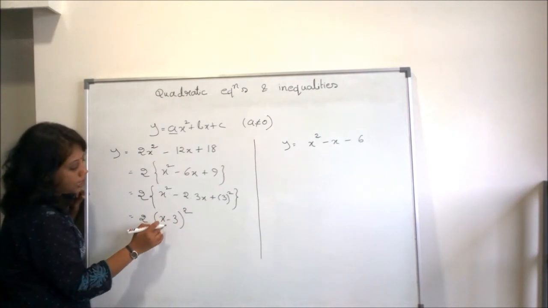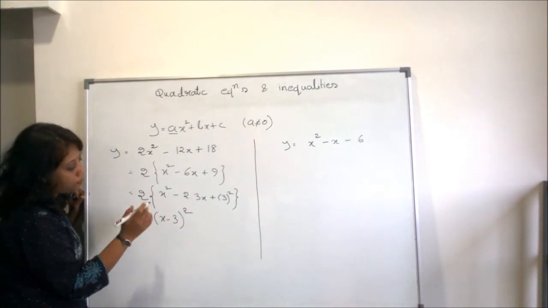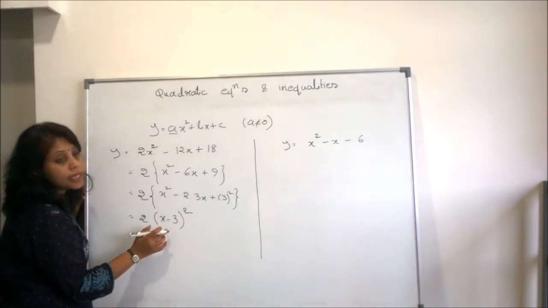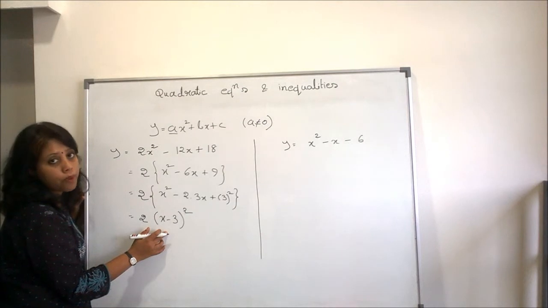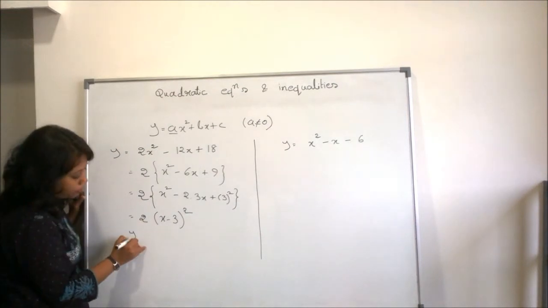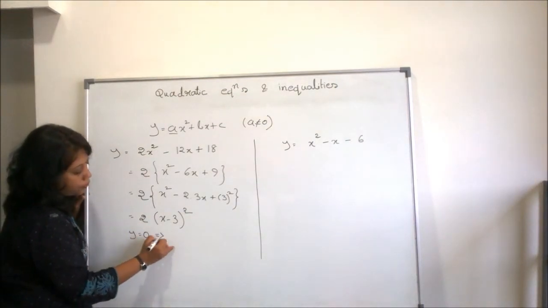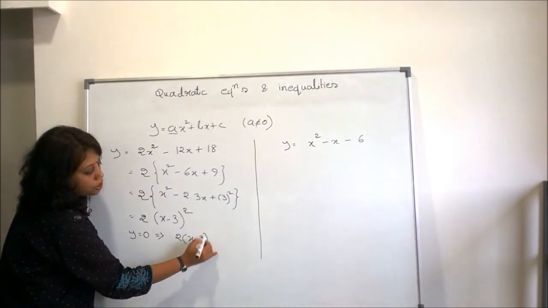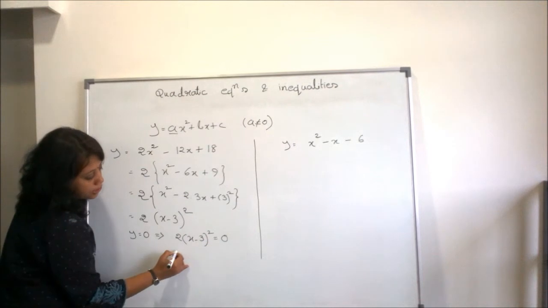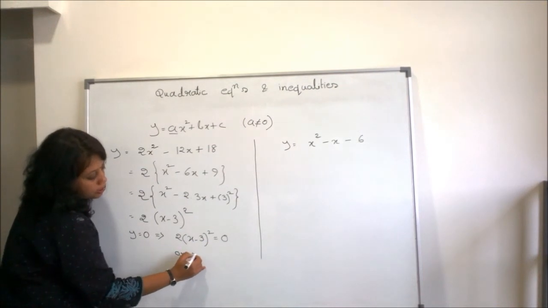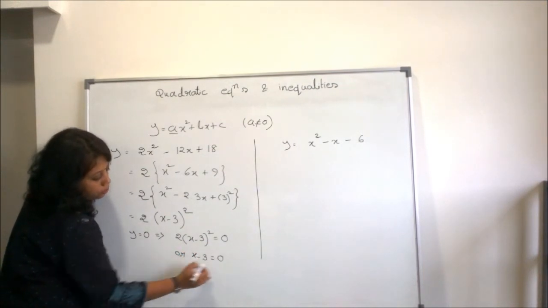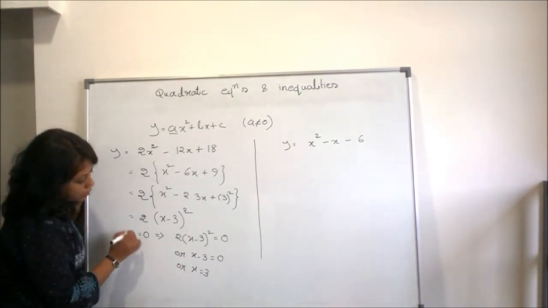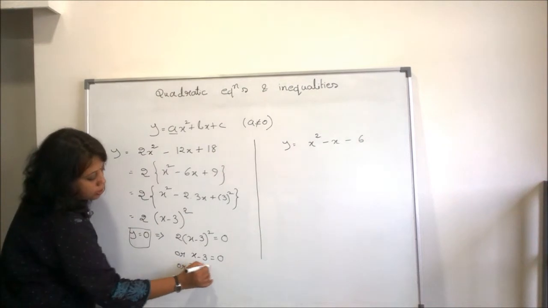Now if it touches the x-axis, x-axis means y is equal to 0. If we put y equal to 0, this becomes 2 into x minus 3 whole squared equal to 0. This gives us x minus 3 equal to 0, which gives x equal to 3. So when y is equal to 0, x equals 3.